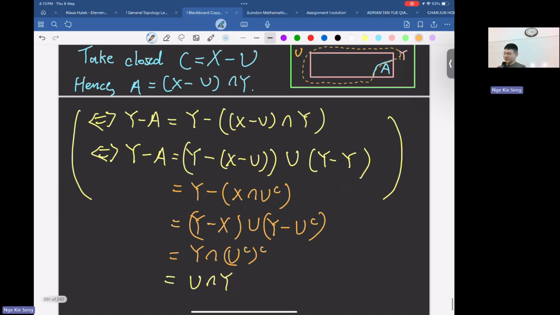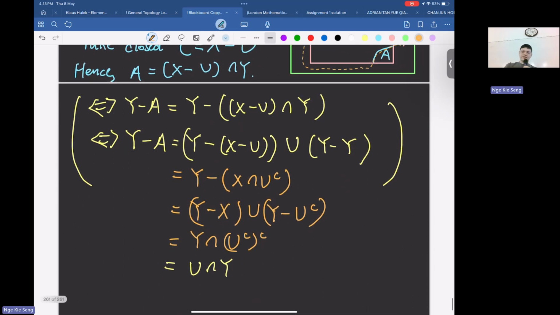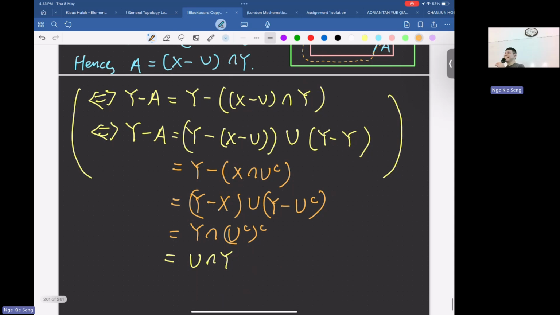Okay, I can go take the exam now. Okay? Any question? Ask a question. So what we do here is just we write the complement as an intersection. Correct or not? What is X take away U? The U complement.